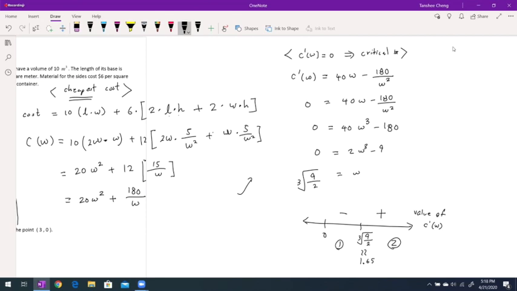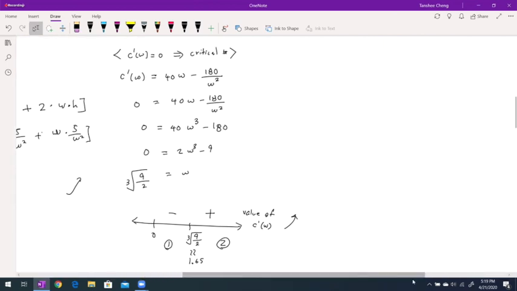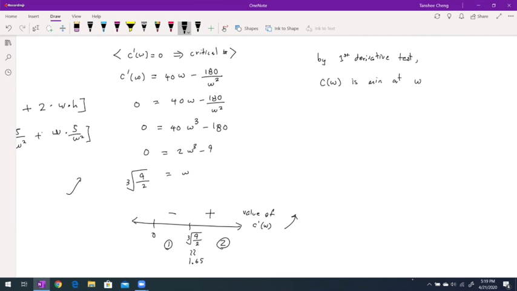So you can see it changes from decreasing to increasing at that critical number, so it will be a minimum. By the first derivative test, the cost function is minimum when the width is the cube root of 9 over 2.